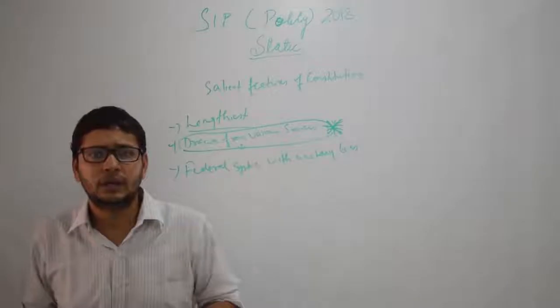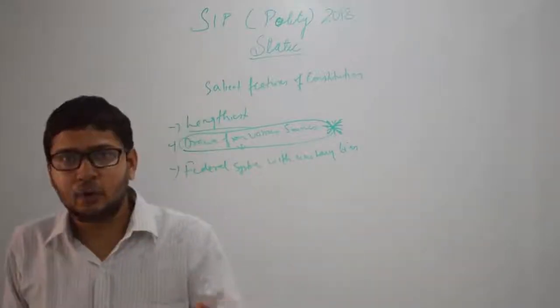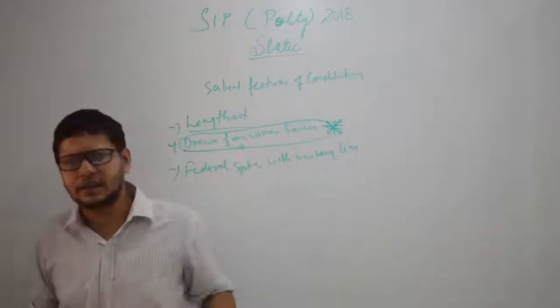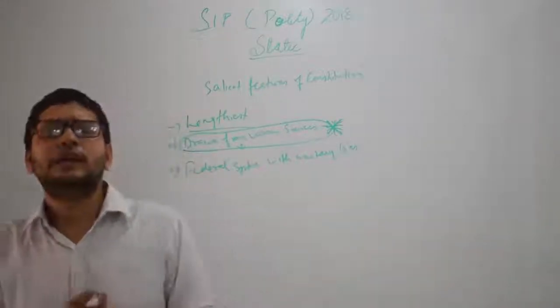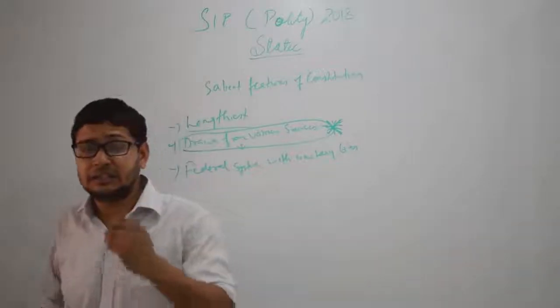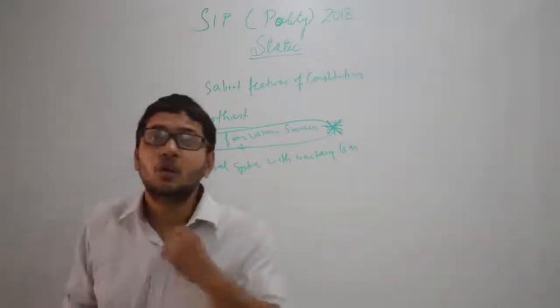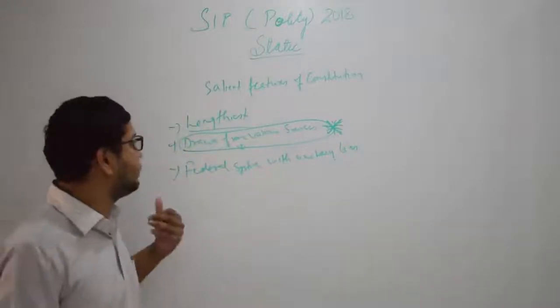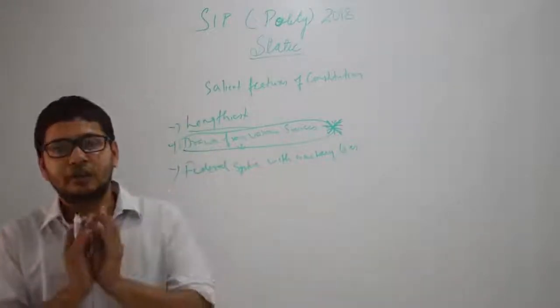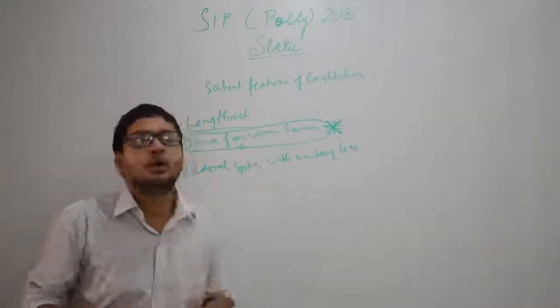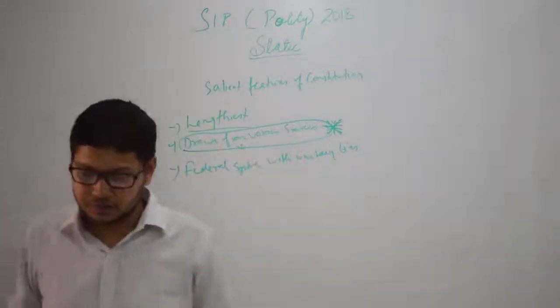Then Nadir Shah invaded when we had the later Mughals. The British invaded, and all these people, Ahmad Shah Abdali, all of them invaded when India had a weak central government. That is why, to ensure that this never happens in future, we gave the center more powers. That is why we have a federal system with a unitary bias.